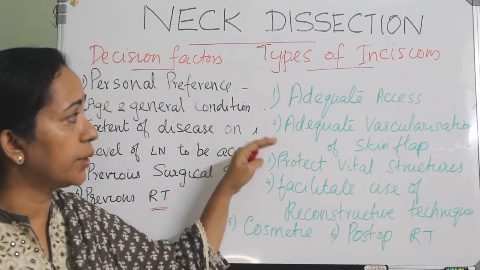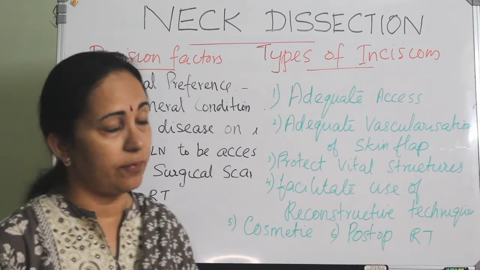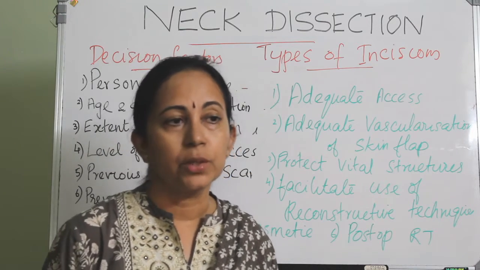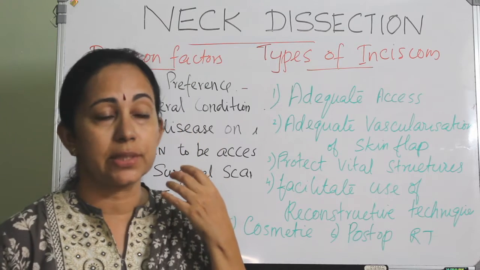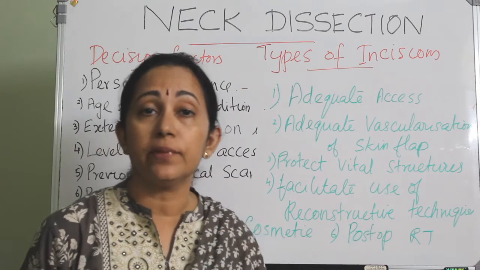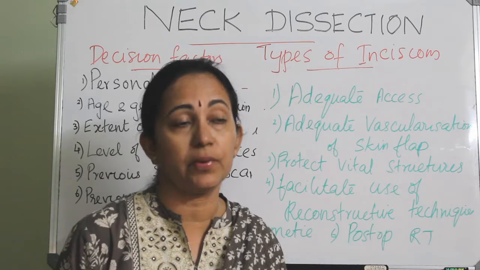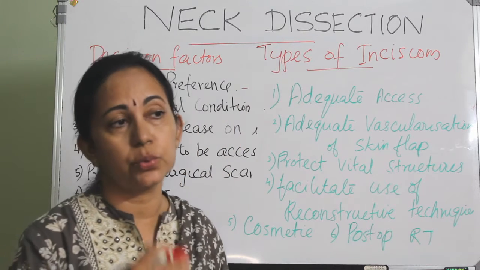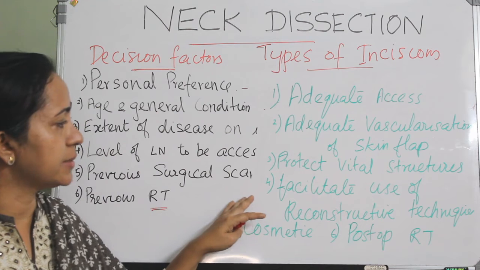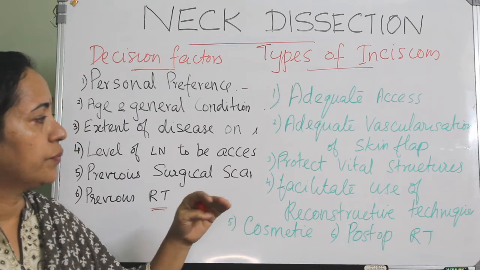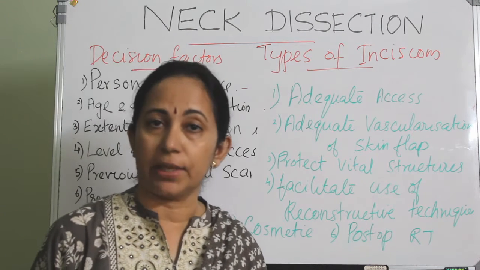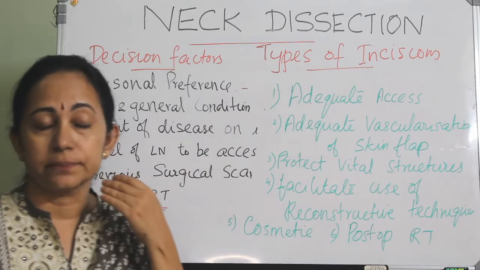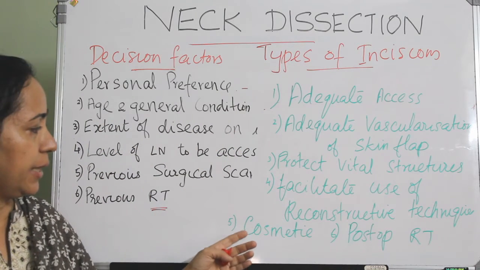There should be adequate vascularization of the skin flap, and it should protect vital structures like the carotid artery. So even if the sternocleidomastoid is removed, or even if infection occurs, carotid blowout will not happen. It should protect the vital structures, and it should facilitate the use of reconstructive techniques. If planning along with the surgery, the incision should facilitate that also.